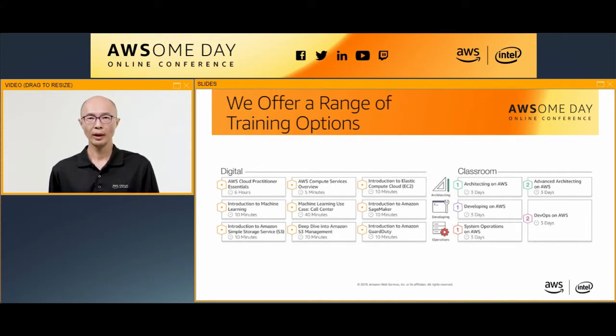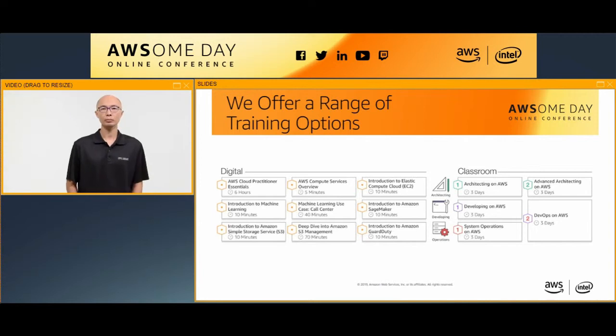Big Data on AWS is a 3-day specialty course that introduces you to cloud-based big data solutions and Amazon Elastic MapReduce, or EMR, the AWS Big Data platform. Data Warehousing on AWS is a 3-day specialty course designed to teach you how to design a cloud-based data warehousing solution using Amazon Redshift.